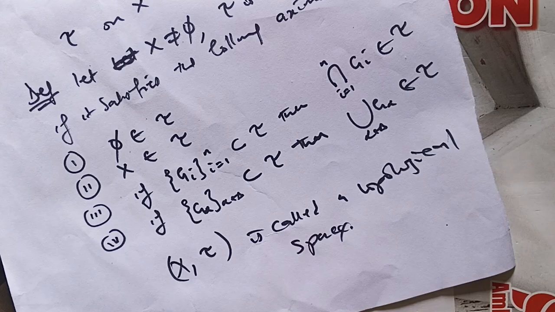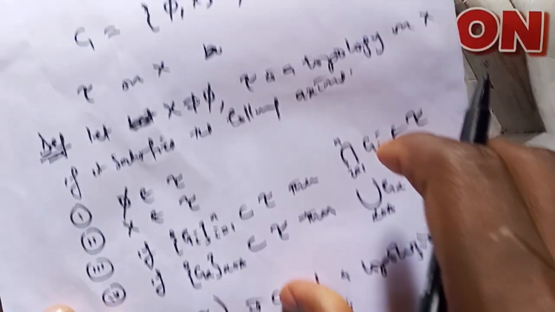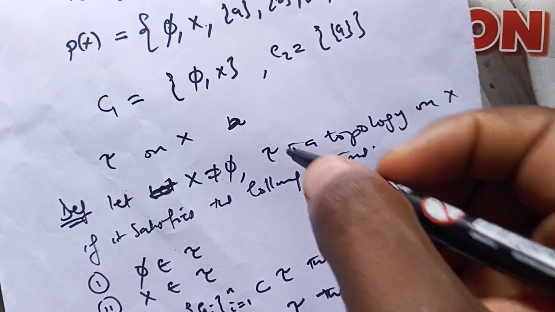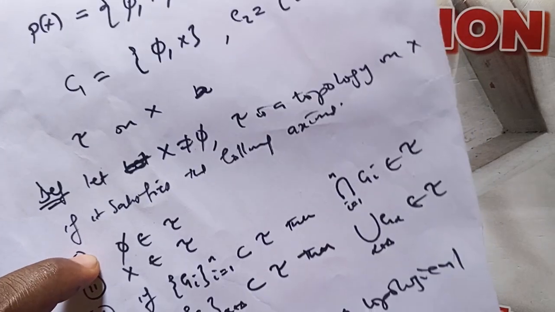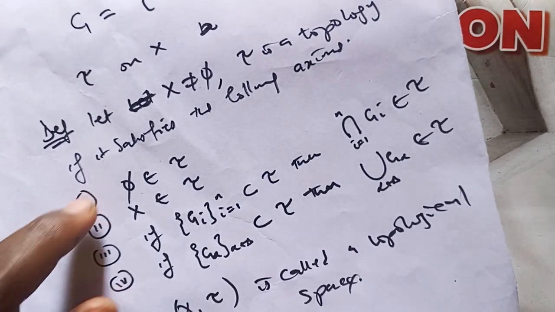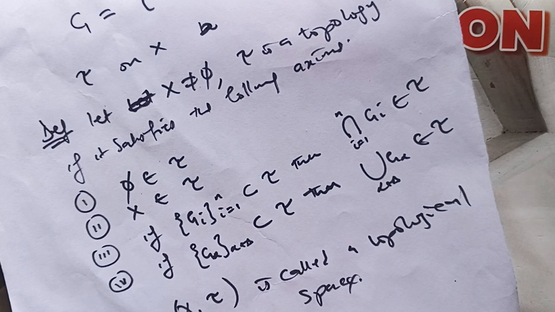Also observe that tau here is a class, like I said. Once these four conditions are satisfied, we call it a topology on X. Now, examples of a topological space: we have the discrete topology, and we have the indiscrete topology.